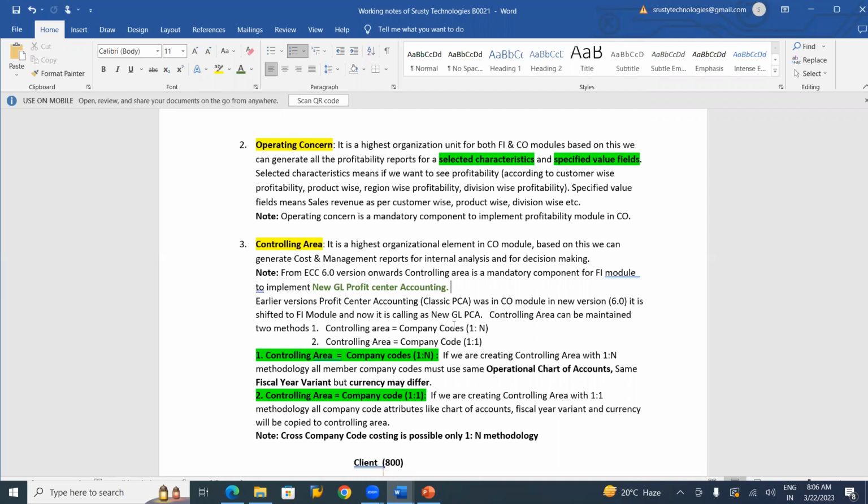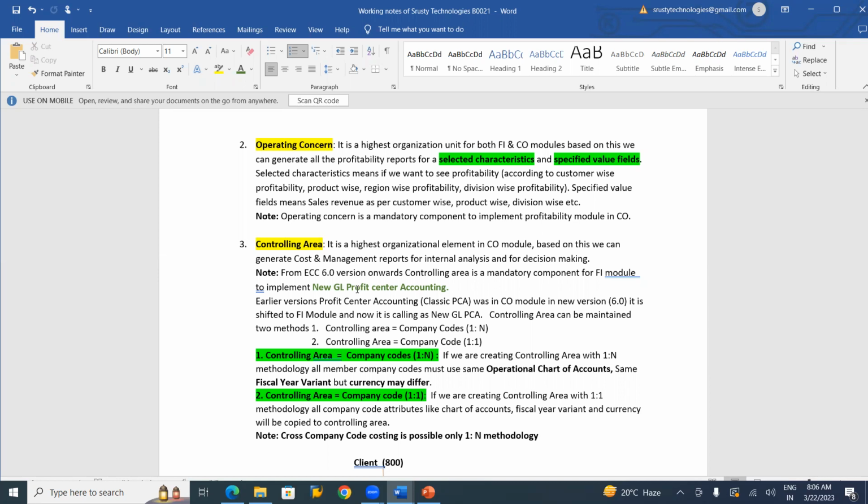But without that, we don't know how the multi-dimensional reports can be generated in the FI module. So that's the reason we are going to stress a lot in our resume on this new GL PCA, new GL profit center accounting. That makes a difference between our resume and others' resumes.